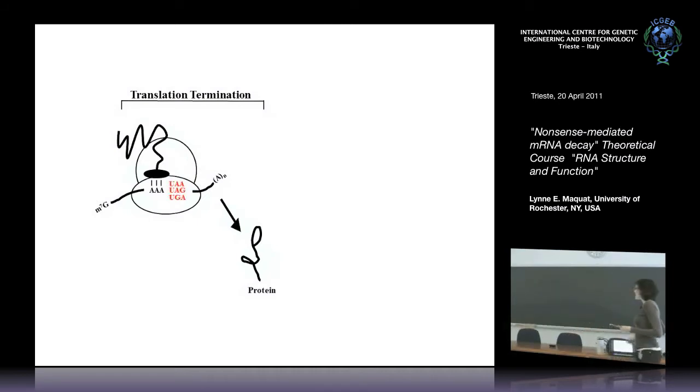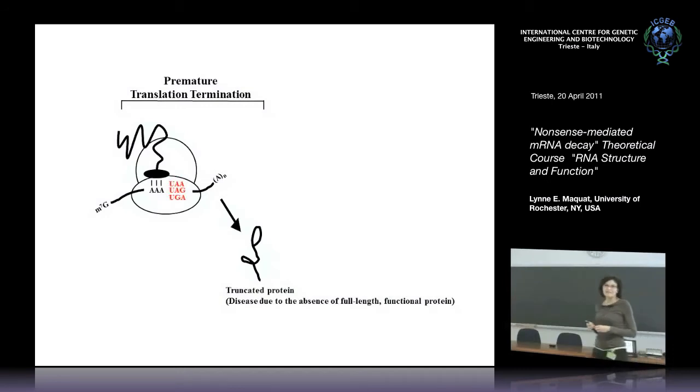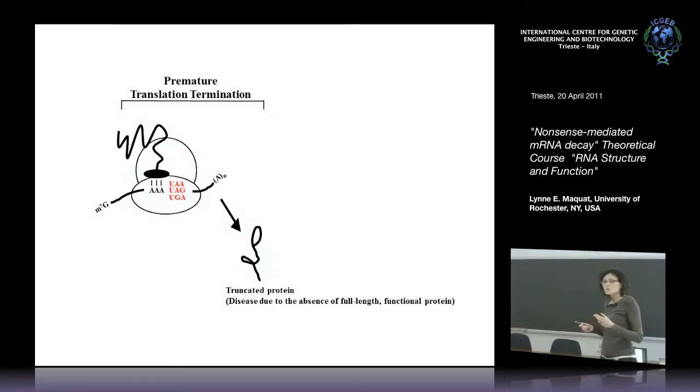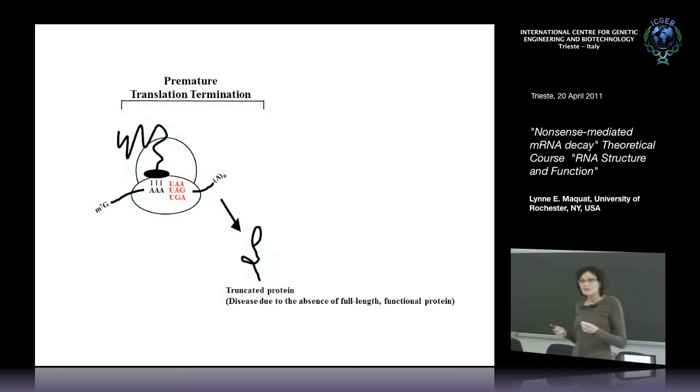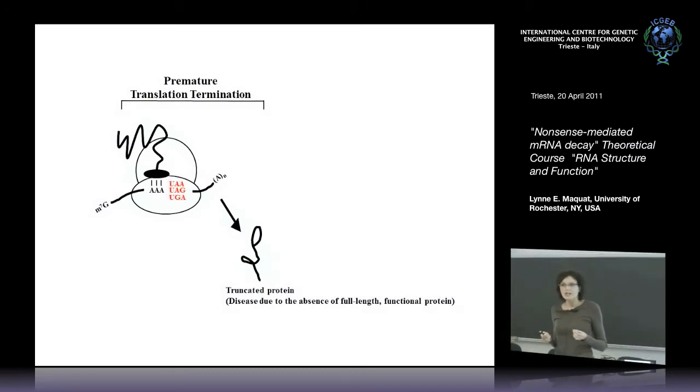I started studying NMD, I won't tell you how many decades ago, but our studies uncovered 2 important things. One was that a number of human diseases are due to frameshift or nonsense mutations that result in the premature termination of translation. And the disease is due to the lack of full-length functional protein.